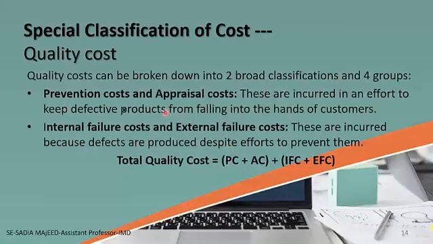But in case our prevention and appraisal system is very weak, then there will be a higher internal failure cost and a higher external failure cost. So in short, these two groups move in opposite directions. It's impossible that prevention and appraisal cost is higher as well as internal failure and external failure cost is also higher. No, only one group's cost will be higher, then the other will be lower.